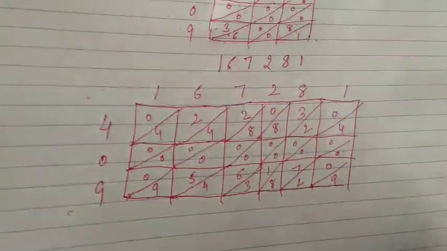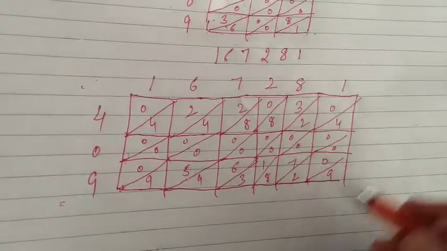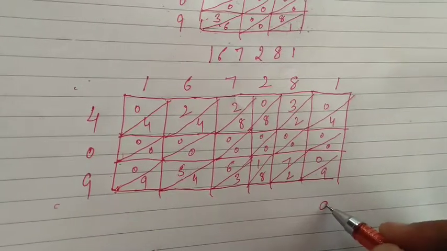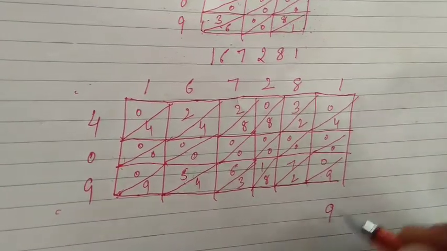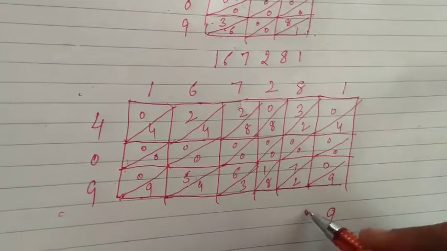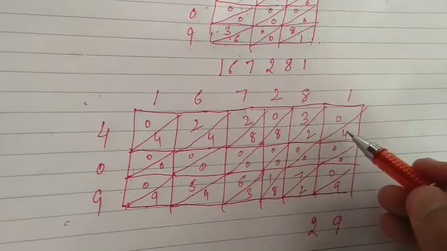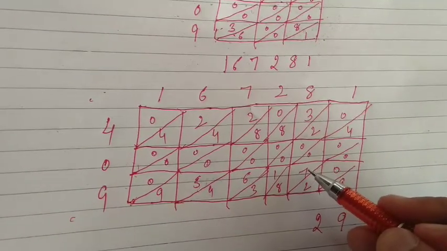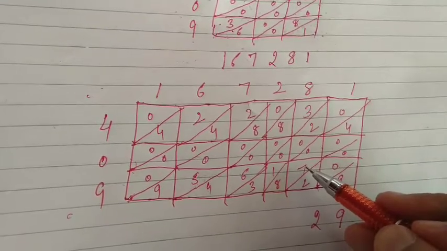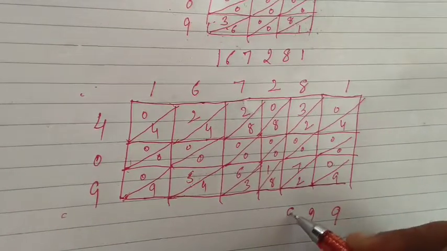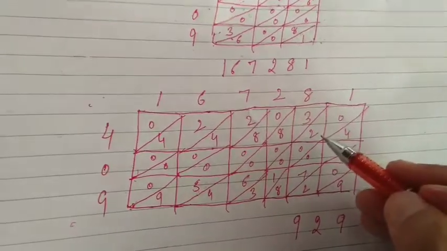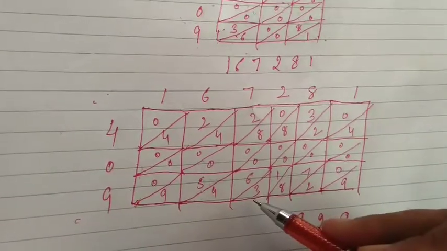Now students, again write these values diagonally. 9, 2, 8 and 4 are 12, 12 and 7 are 19, add 1 3 4 and 3 7.